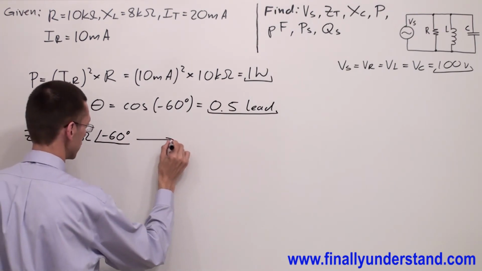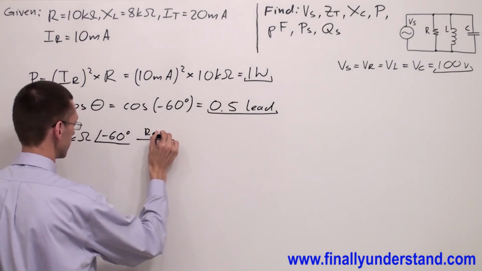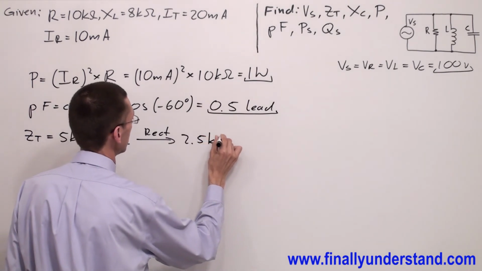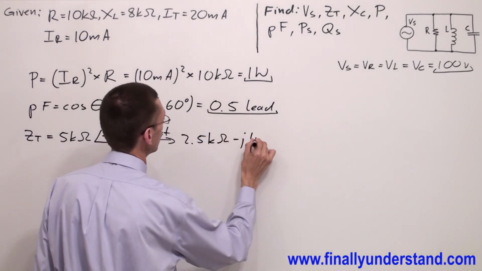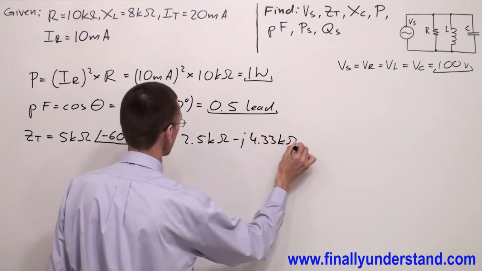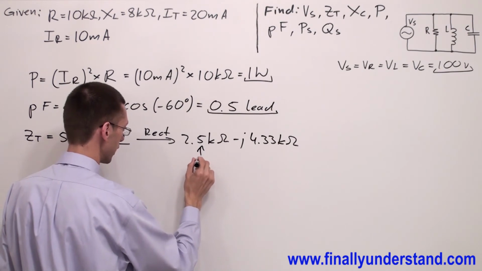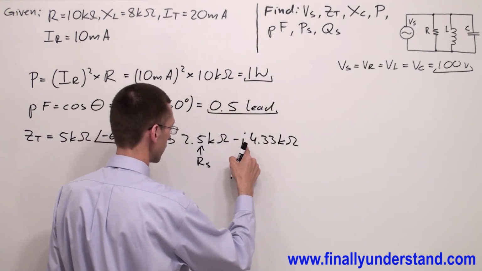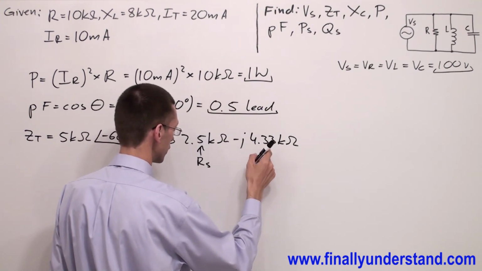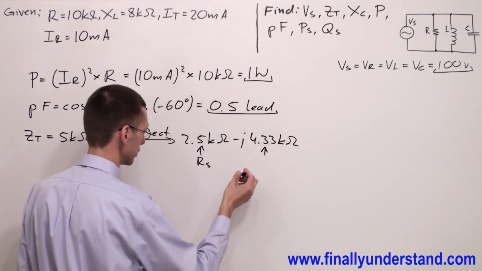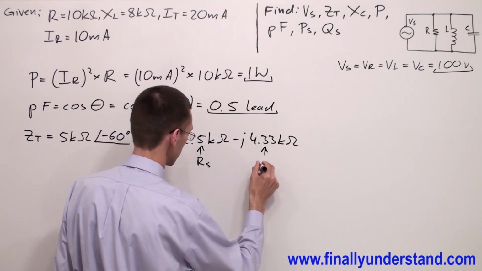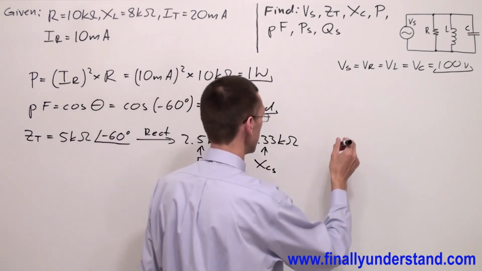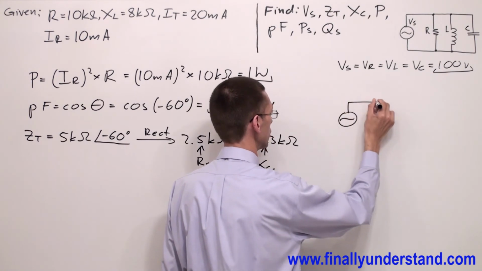If you convert the polar form to rectangular form, you obtain 2.5 kiloohms minus J 4.33 kiloohms, where the real part is my resistance in the series circuit, and negative J 4.33 kiloohms is nothing else, just the capacitive reactance in the series circuit.